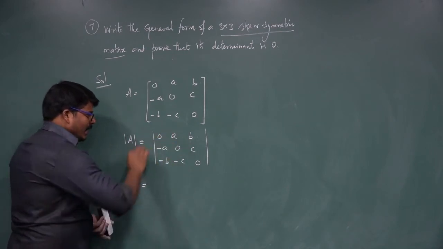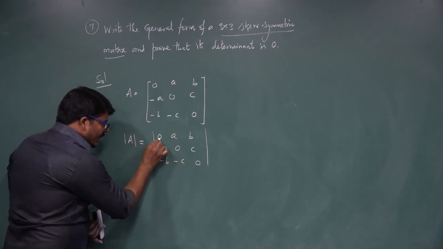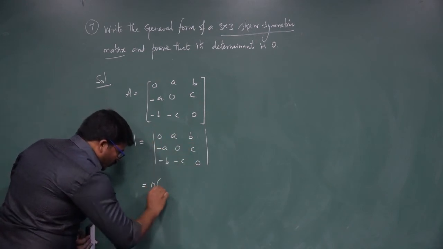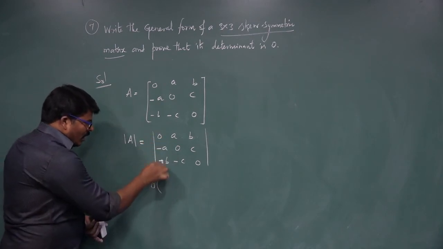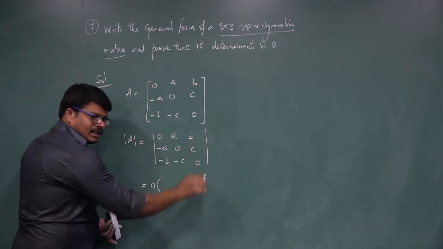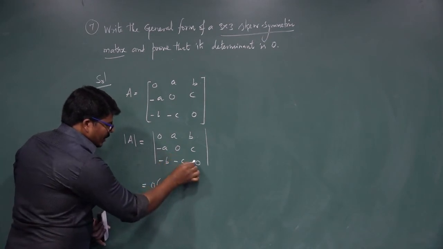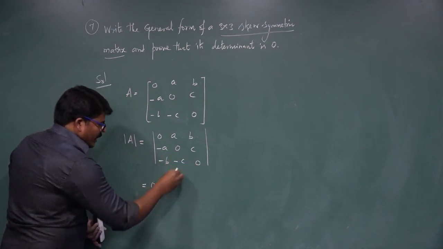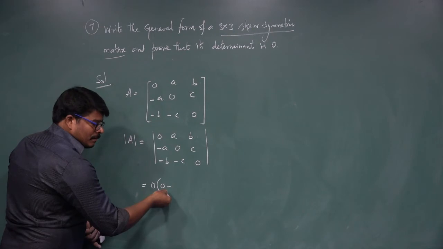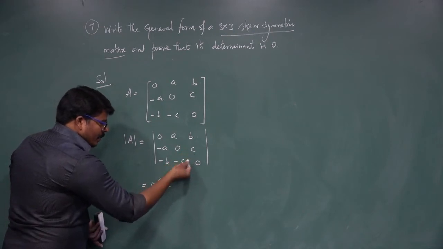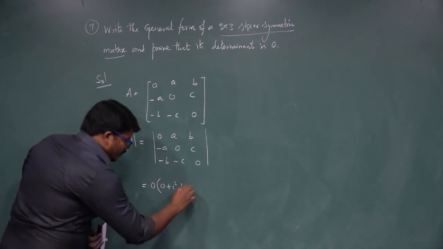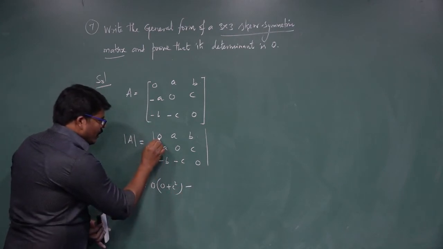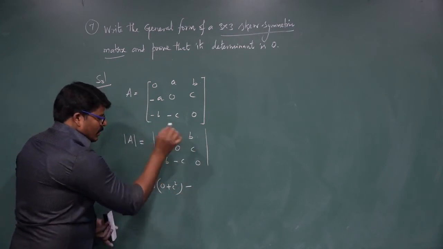Expanding the determinant, taking the element 0, the column and row are eliminated, getting the minor matrix. 0 into 0 is 0. Minus, the formula is minus C into C plus C square. 0 into anything is also 0. Next one, the signs are plus, minus, plus.